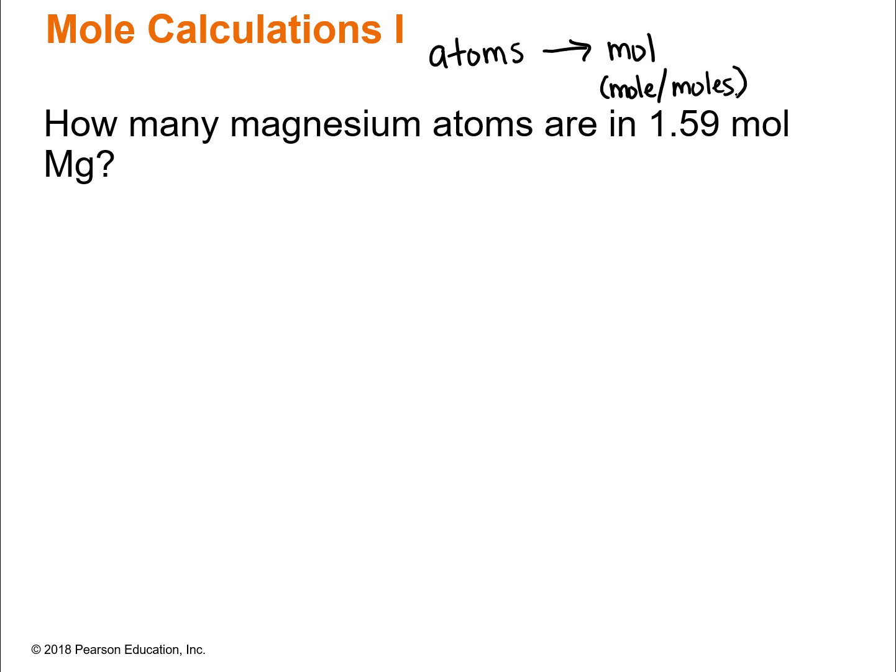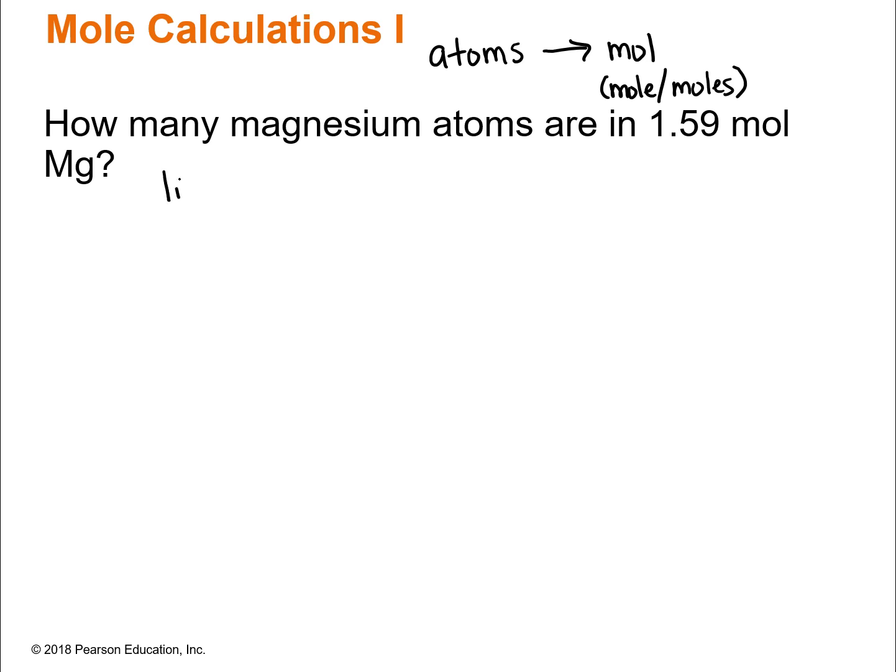The first thing I always do, and this kind of goes back to chapter 2 when we were doing the metric conversions and things like that, is always rewrite the question in a simpler form so that you know what unit you have and what unit you're trying to get to.